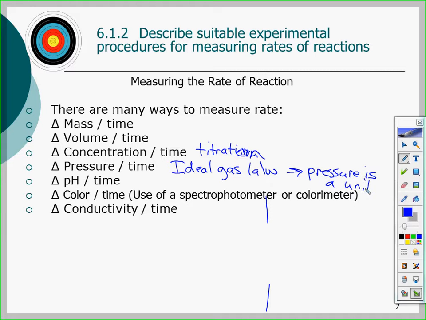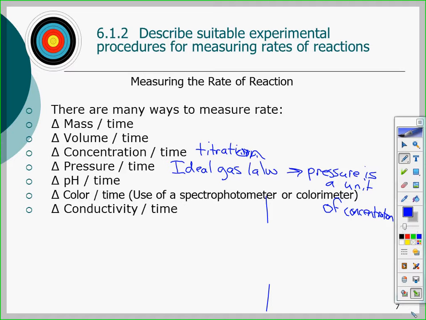So if you get a problem that gives you torr or kilopascals, you just consider that a unit of concentration. But there's not really much math in chapter 6. But you could get that. All right, so pressure, because of the ideal gas law and all the ramifications there, you can say pressure is a unit of concentration. Change in pH over time, change in color.